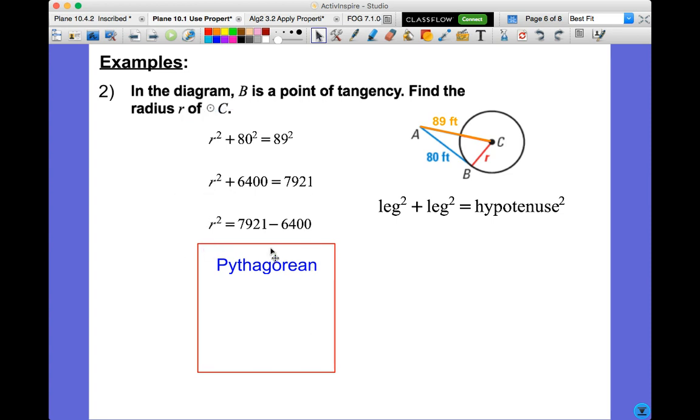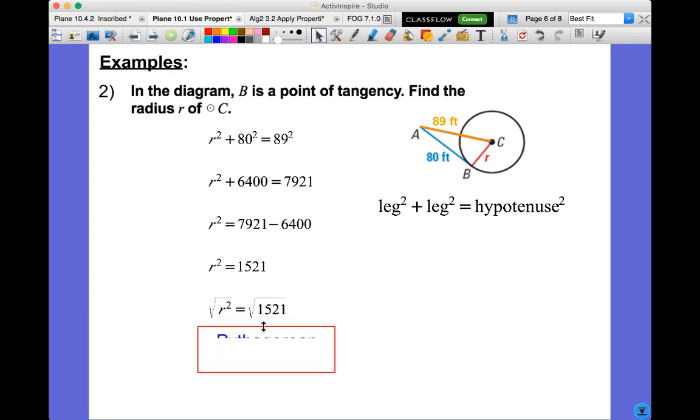Now, this value is going to be 1,521. The inverse operation of squaring is to take the square root. So we will take the square root of both sides, and it will give us an r value. So the radius is 39 feet.